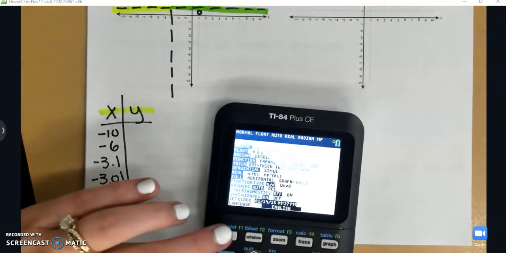So we are going to go back to our y equals menu and put in our new function, our simplified function of (x + 1) divided by (x + 3), again protecting it with parentheses. And if I go to my table, I'm going to get these values.